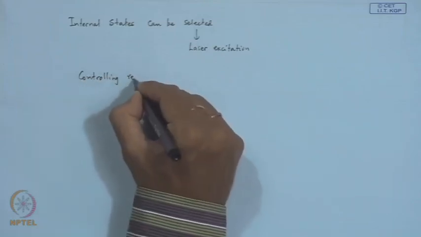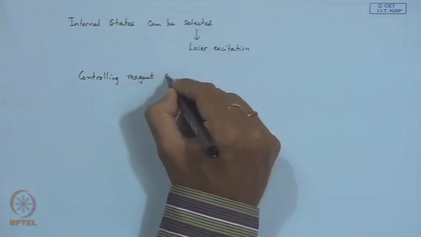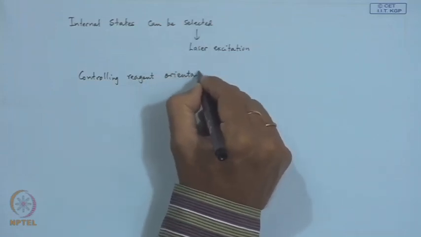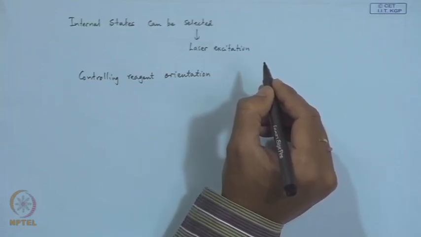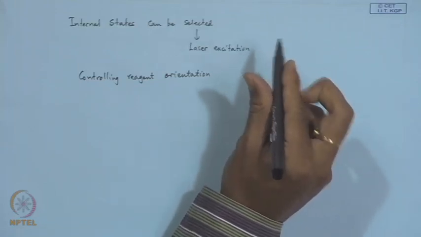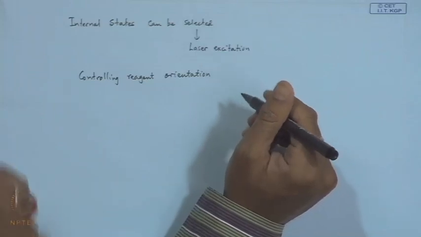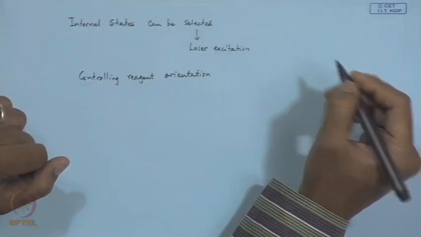Although I talked about the inhomogeneous electric field, where depending on the interaction between the dipole and the field you can select different velocities or different internally excited states, another option is to apply a very weak electric field.